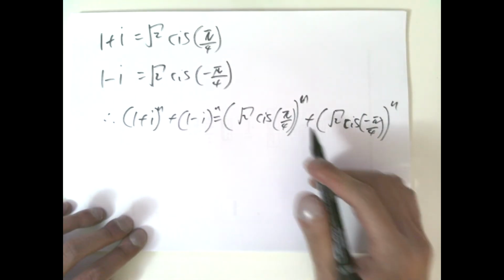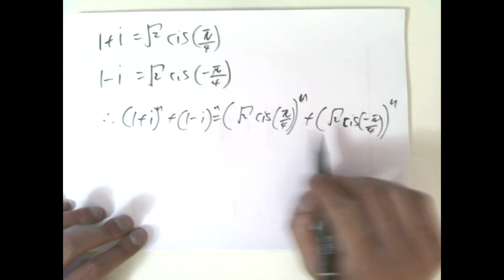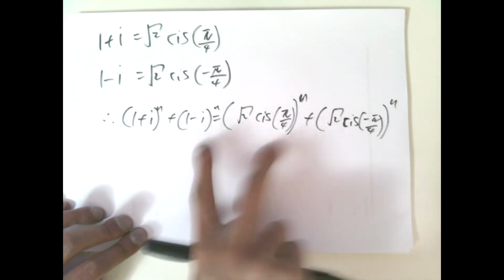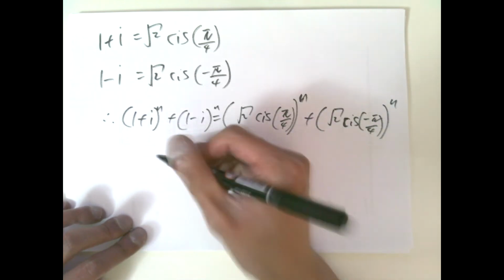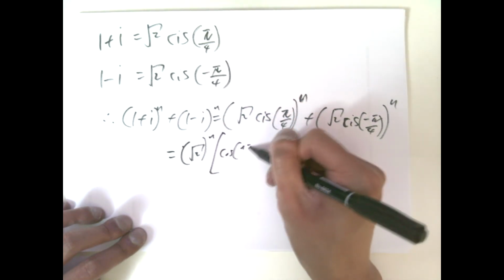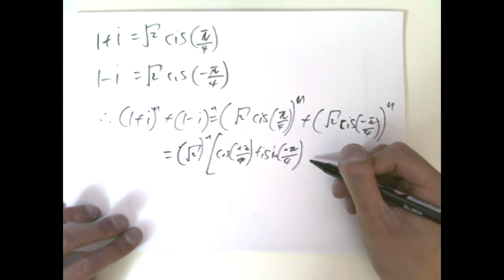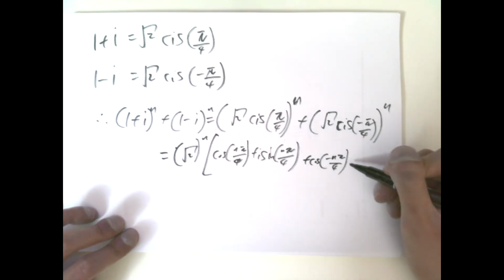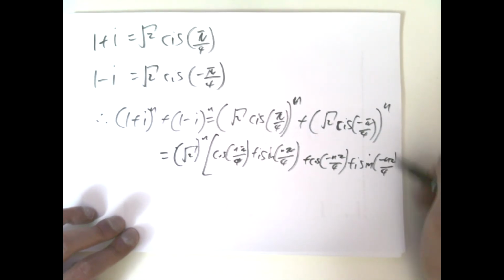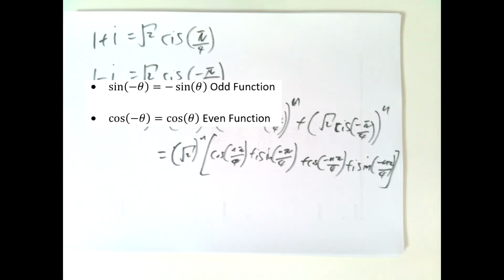by De Moivre's theorem, because we can put all the powers into the trig arguments, and also we can factor out the root 2's to the power n's. But sine is an odd function and cosine is an even function.